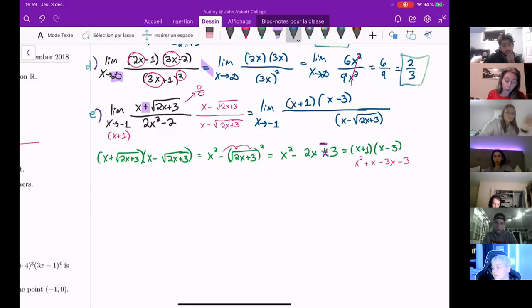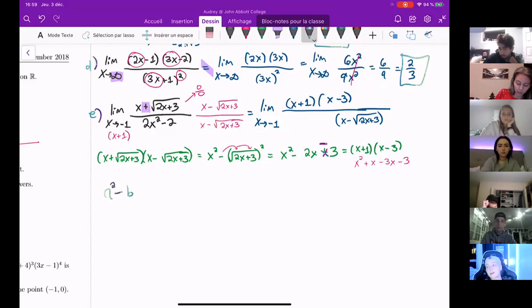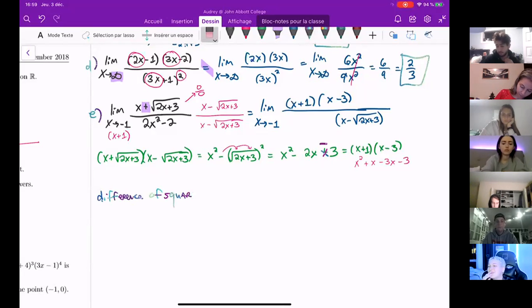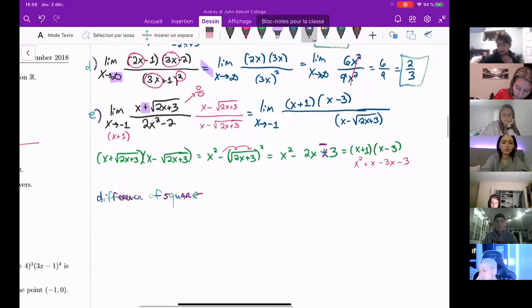Okay, so there are 2 ways that I could approach this. The way that I like to do is remembering a difference of squares. A difference of squares is really the main concept of this problem. It's what I was using to do the conjugate.